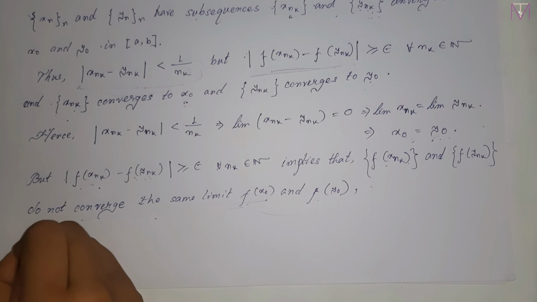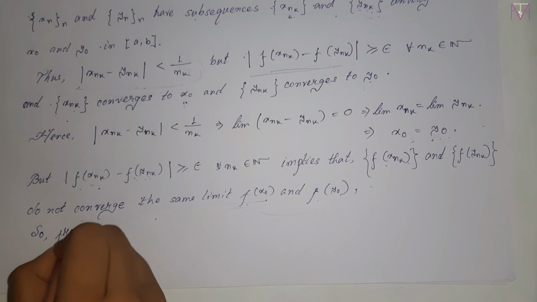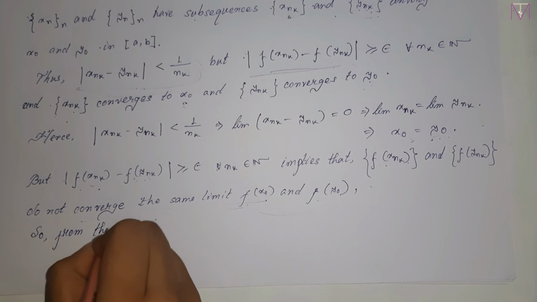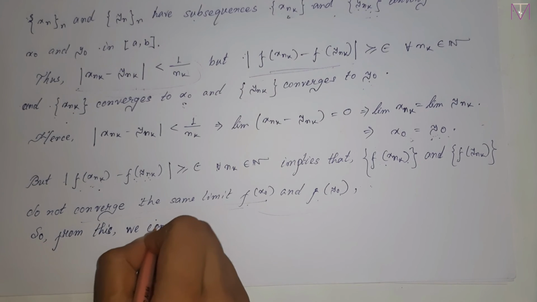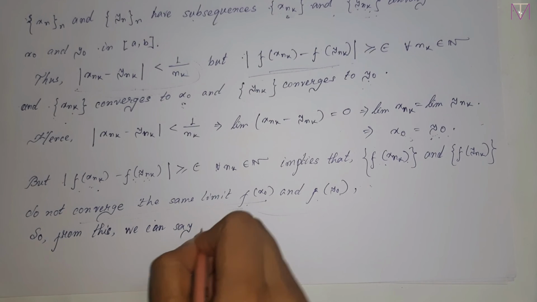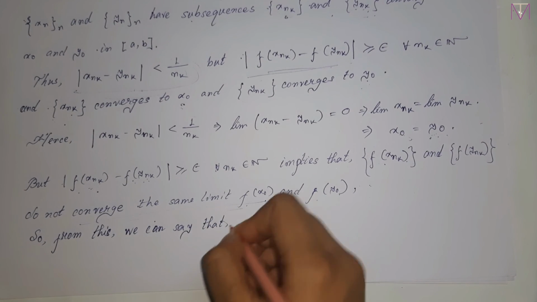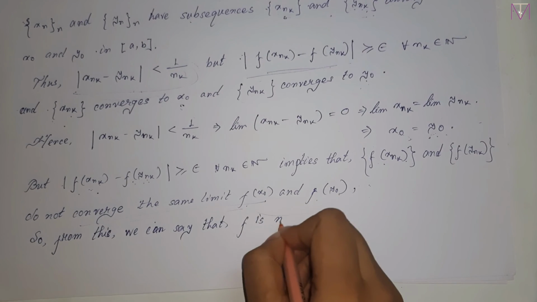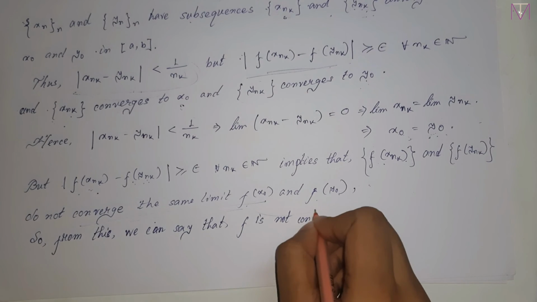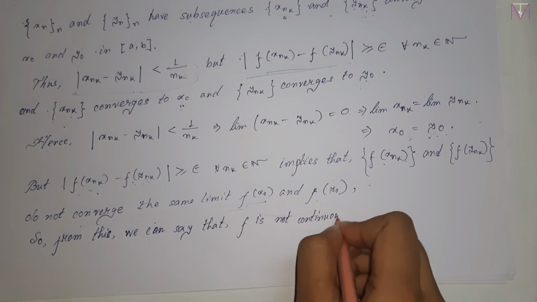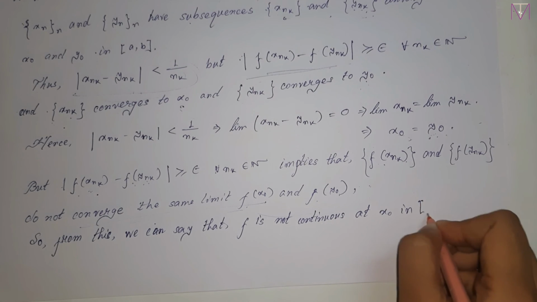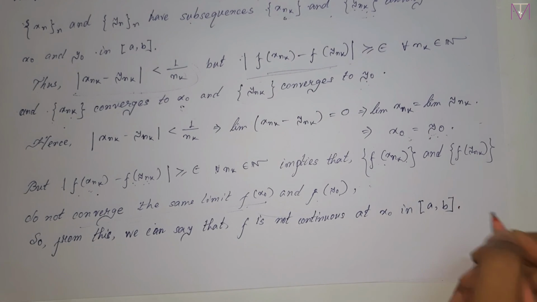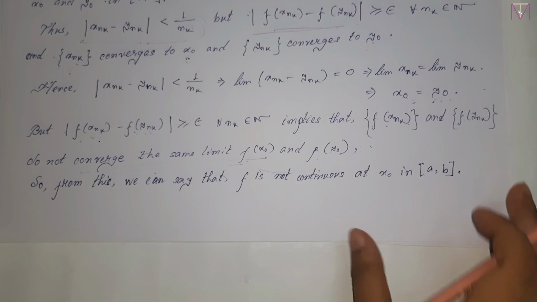So from this, we can say that f is not continuous at x0 in [a, b].